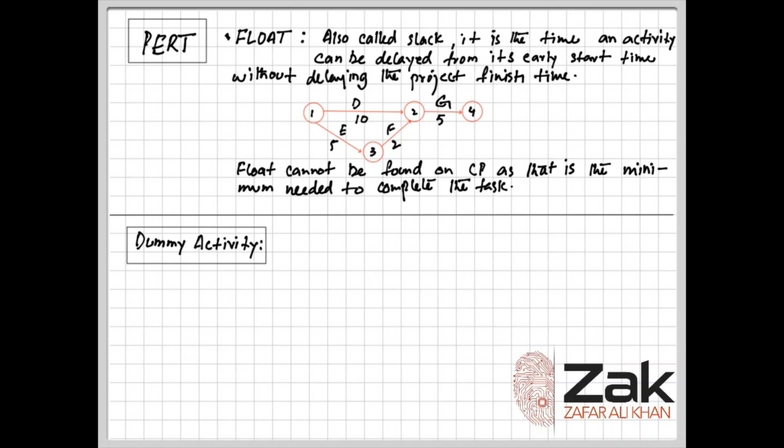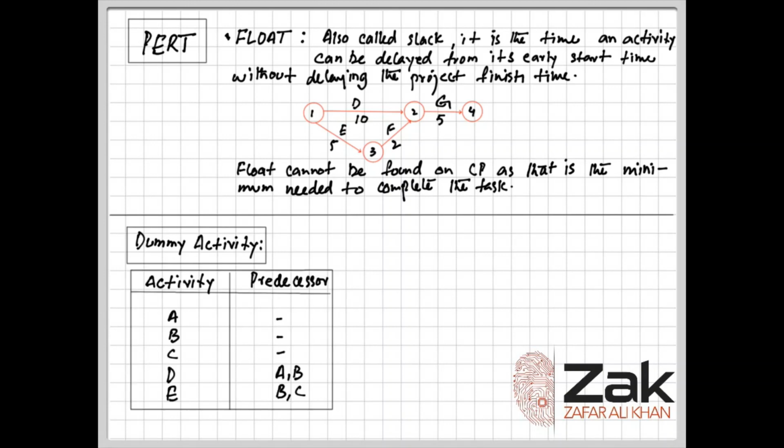So we have to first combine them in one node, so that we could start a new activity from that node onwards. So we use a dummy activity instead. A dummy activity is an activity which has no associated time. It is just there to complete the logical flow of the PERT.